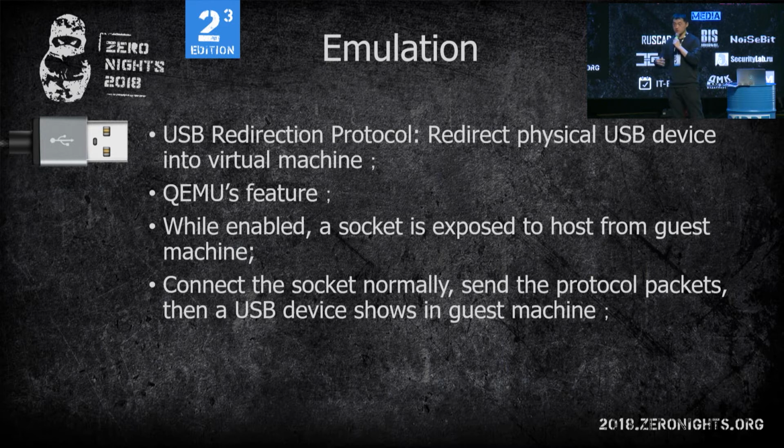When it's enabled, you can redirect the virtual USB socket into a Linux socket or Unix socket. So when you connect to the Unix socket, you act as if you plugged a USB device into the USB guest machine. That's the way we do this emulation.